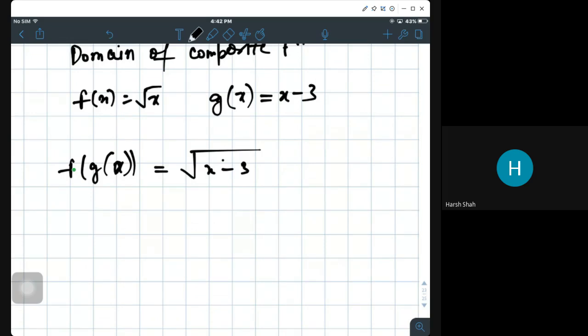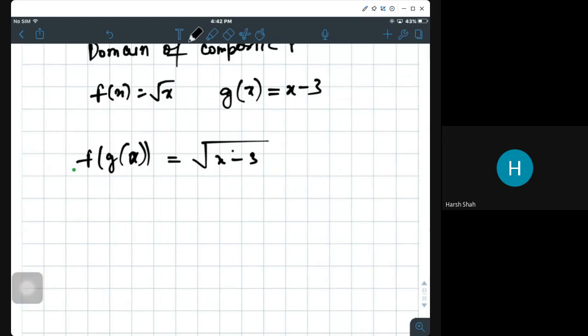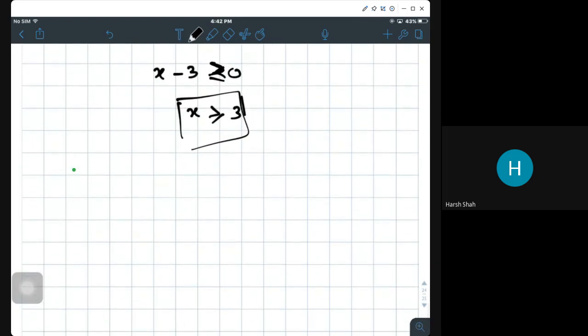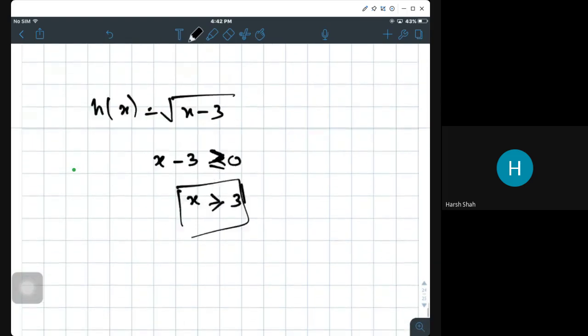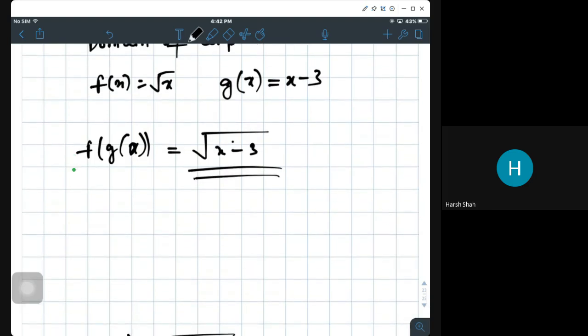This is very important, because if you have a composite function and the inner function itself is not defined, then you will have a great problem. You cannot just find the composite function and directly find the domain like this. This is very wrong. For a composite function, first find x such that g(x) is defined.